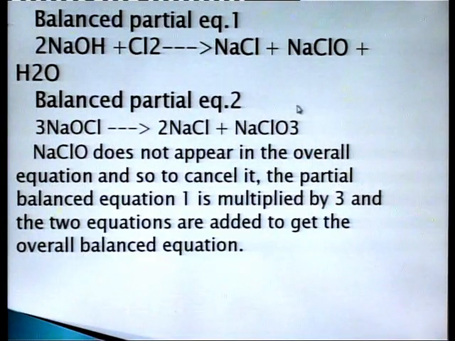Now, as I have already told you, this NaClO doesn't appear in the overall reaction, means it acts as an intermediate. So we have to cancel it. Here is 3 molecules of NaClO. So multiply this equation by 3 and let us add the two equations mathematically.